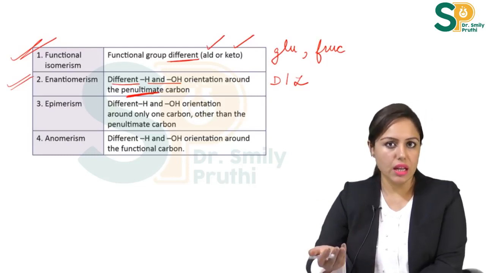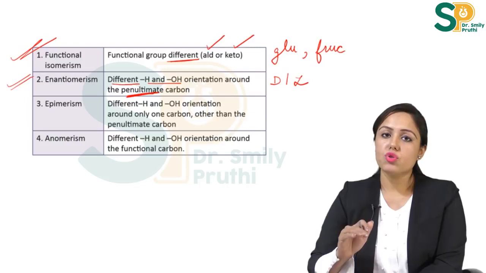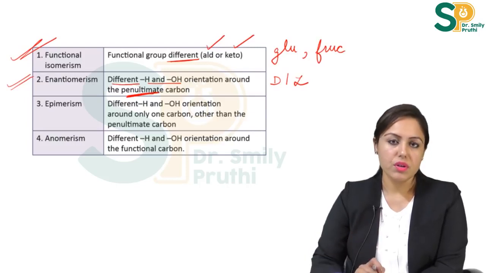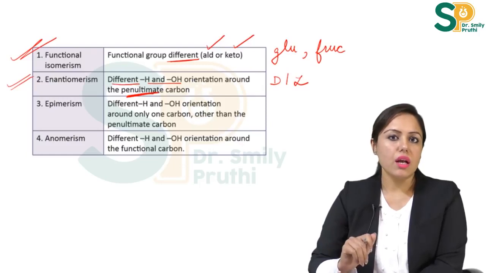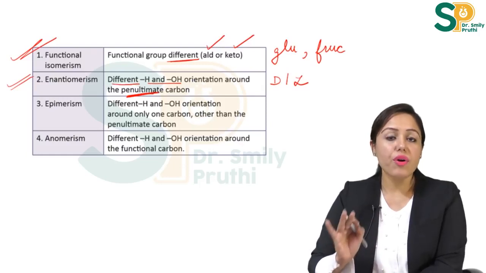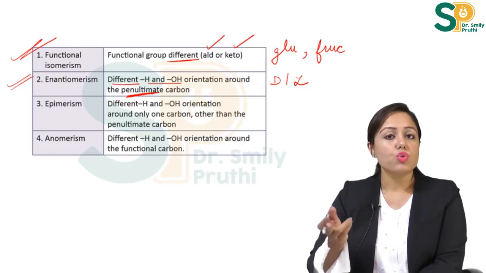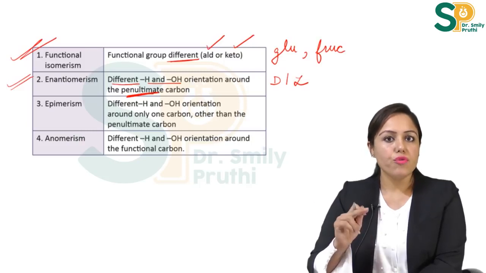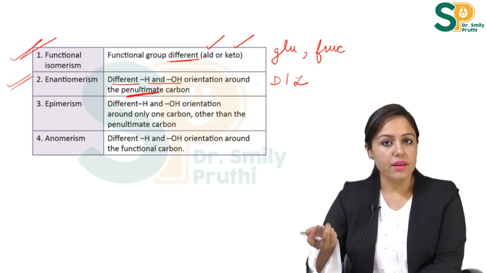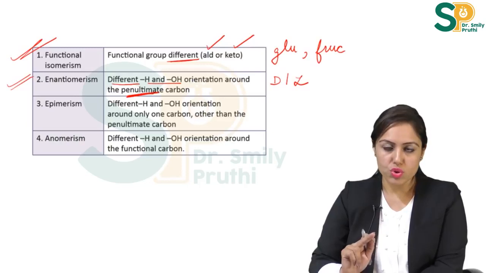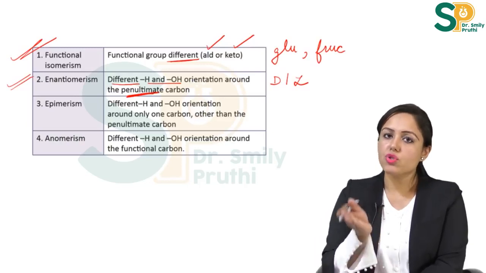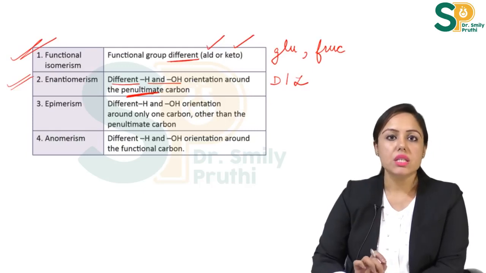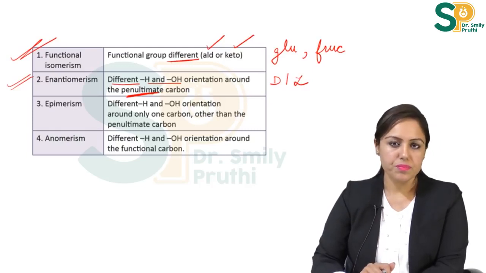You can say second last carbon. This is also called the reference carbon. For example, in case of glucose, the second last carbon is C5. So at C5, if OH is on the right hand side, then it is D-glucose. But at C5, if OH is on the left hand side, this is L-glucose.